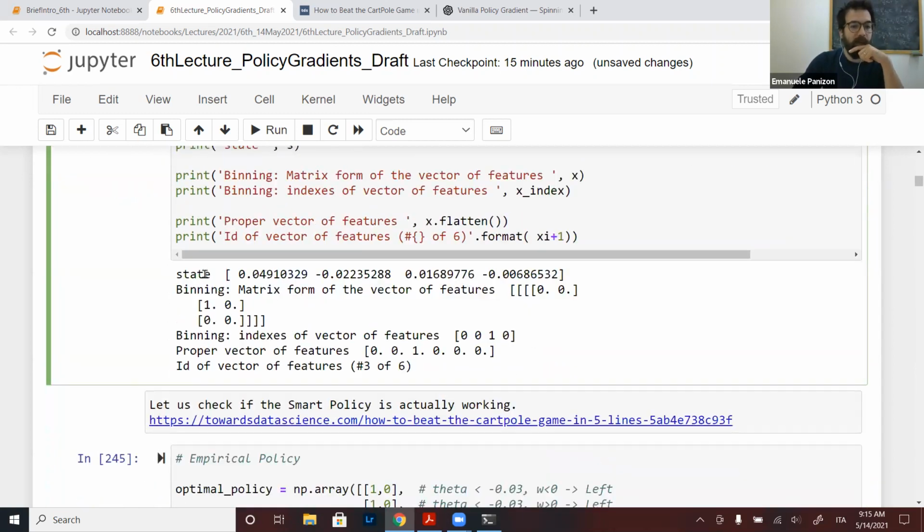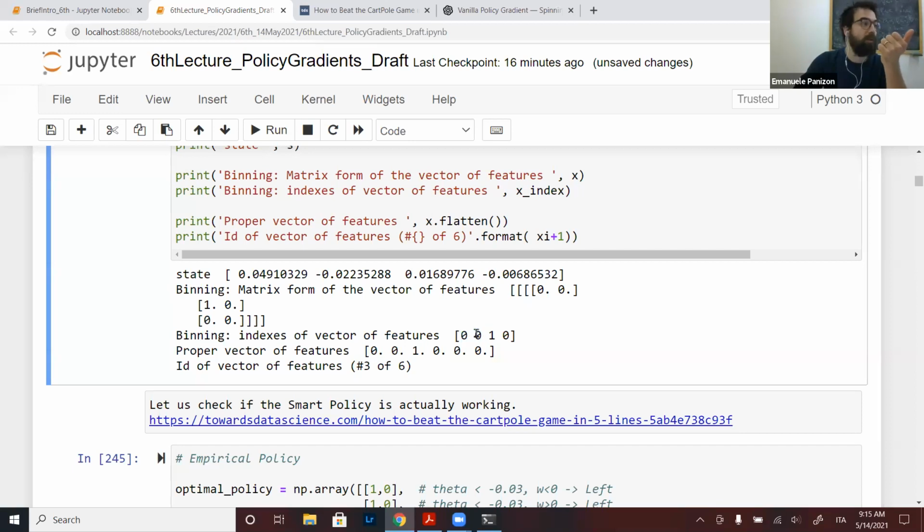So, for example, the result for a random state generated in the environment was these 4 numbers. So this was the position of the cart, velocity of the cart, angle, and velocity of the tip of the pole. The binning itself gives us this vector of features. Okay, I have 4 binnings, so I have a 4-dimensional matrix. The binning was that we are in the first bin for the 1st dimension, we have only 1.